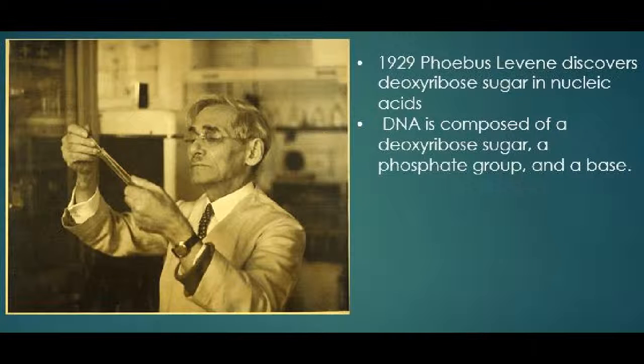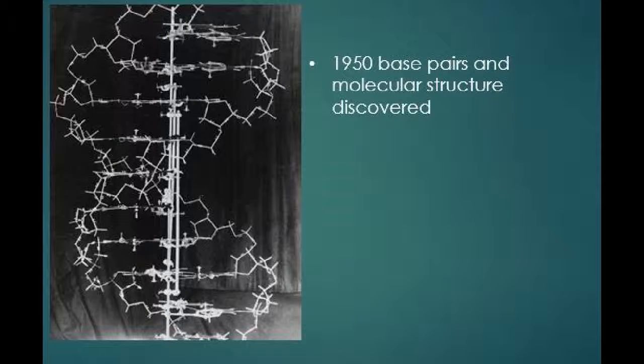Then, in 1929, Phoebus Levene discovers deoxyribose sugar in nucleic acids, and later demonstrates that DNA is composed of a deoxyribose sugar, a phosphate group, and a base. 21 years later, base pairs are discovered, and Watson and Crick describe DNA structure as a double helix.